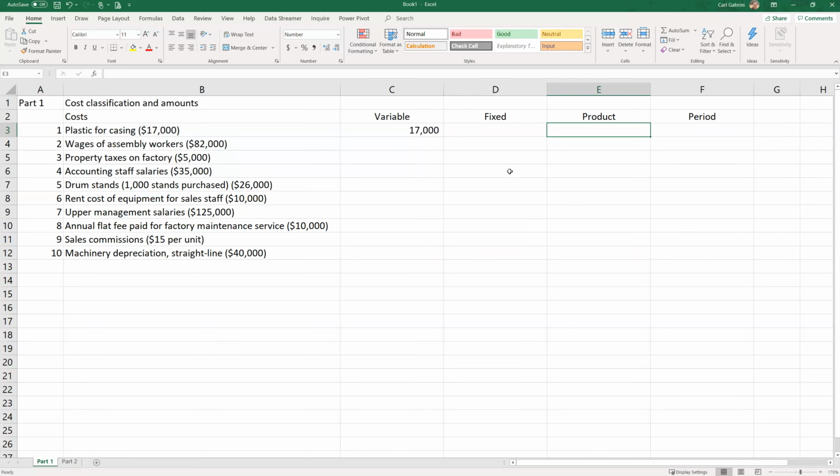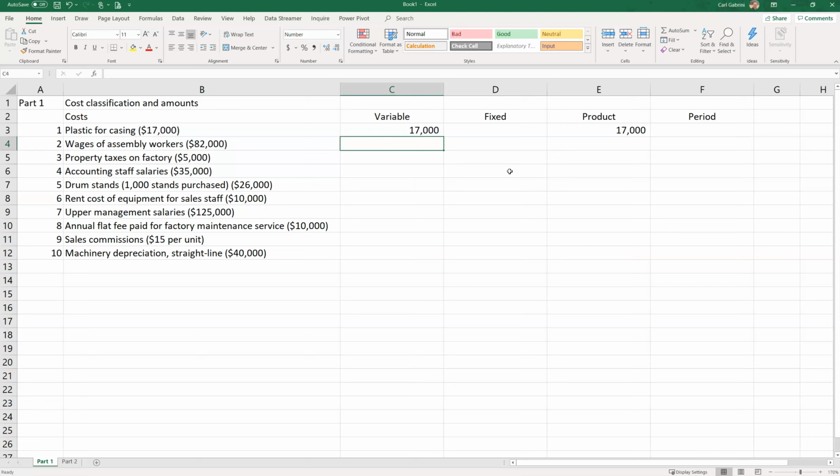Okay, is this a product or a period cost? Well, since it is plastic for the casing, so it's specifically for the drum, it's going to be a product cost. Okay, what about wages for assembly workers? Again, this cost is the direct labor for the production of the drums.